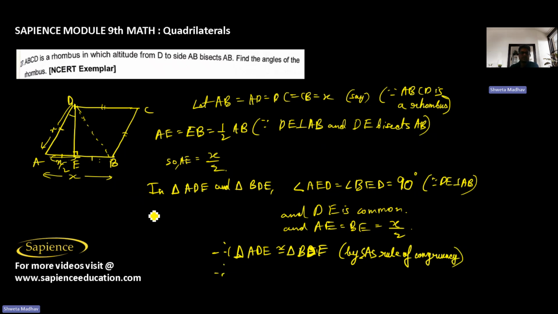So now we can say that AD equals BD by CPCT. AD and BD are the same. So this is also length x, this is also length x, this is also length x. So here each angle is 60 degrees. This is 60, this is also 60 degrees.